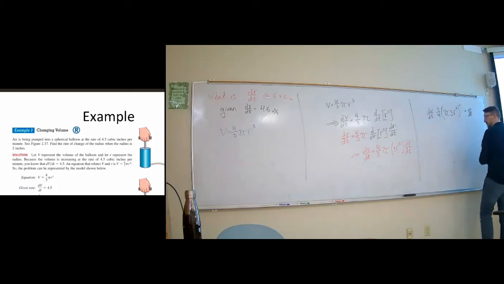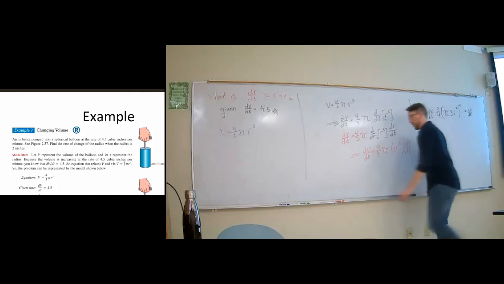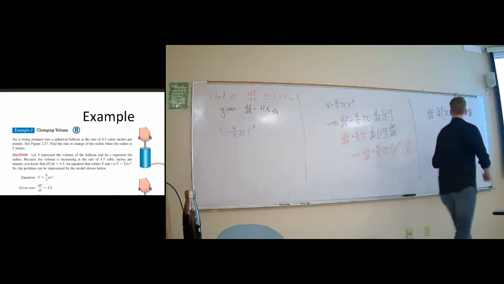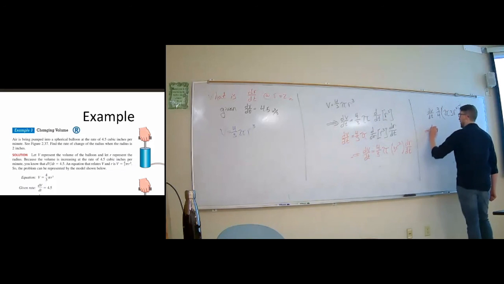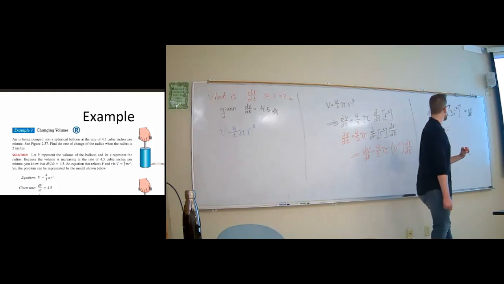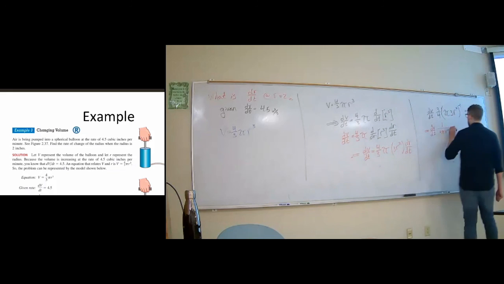We can simplify this a little bit to get dV dt times 1 over 4 pi r squared in the denominator is equal to dr dt.